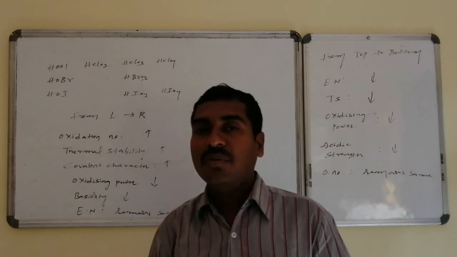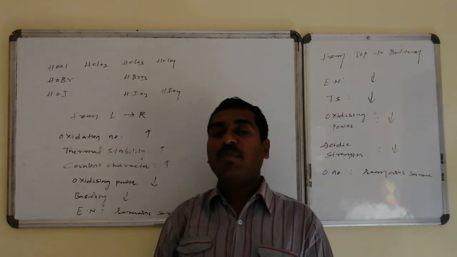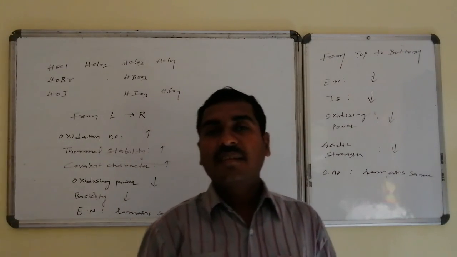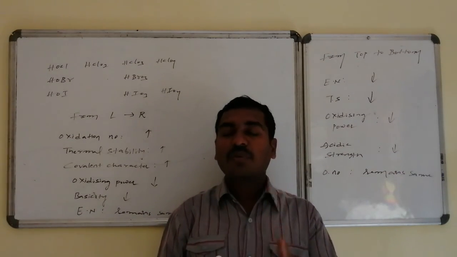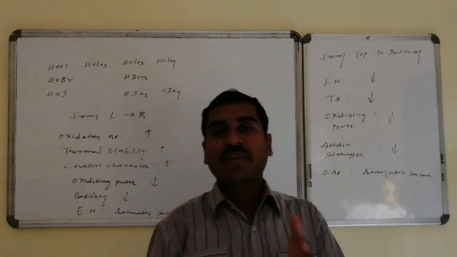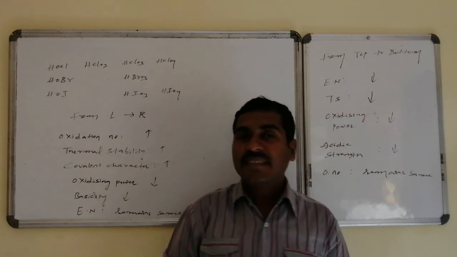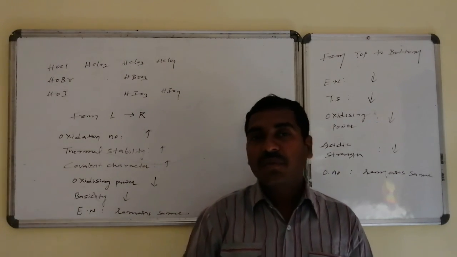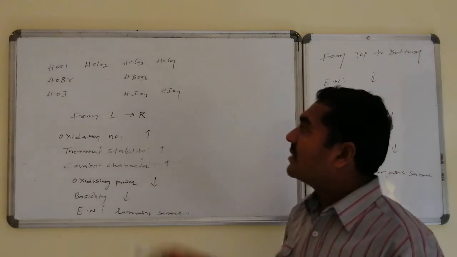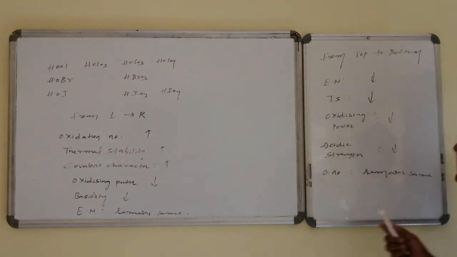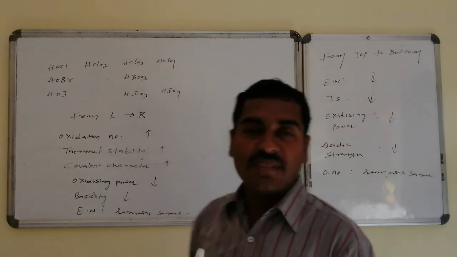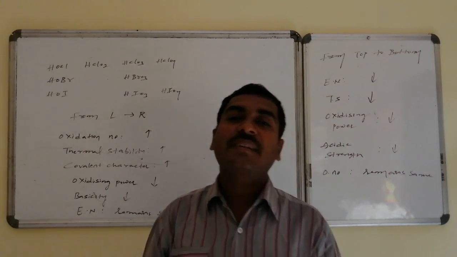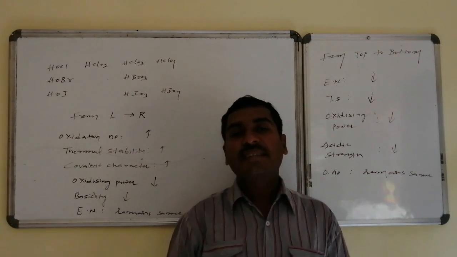In the case of perhalic acids, HBrO4 is the most acidic, then the next is HIO4, and the least acidic is HClO4, whereas in the remaining cases chlorine is more acidic, then bromine, and then the iodine compounds. This is the trend in the different properties of the oxyacids of the halogens.